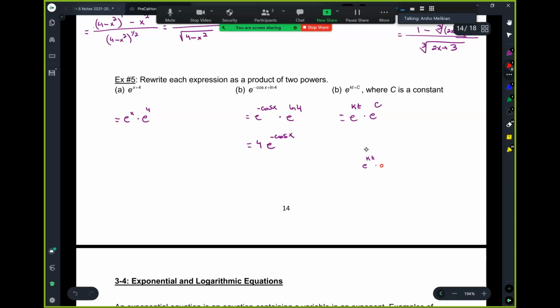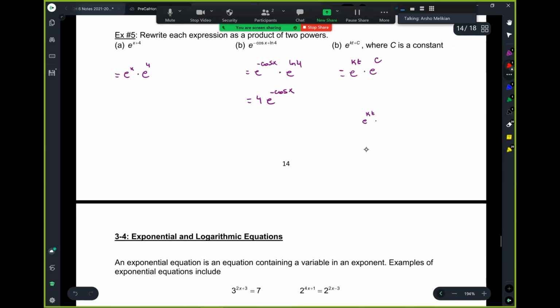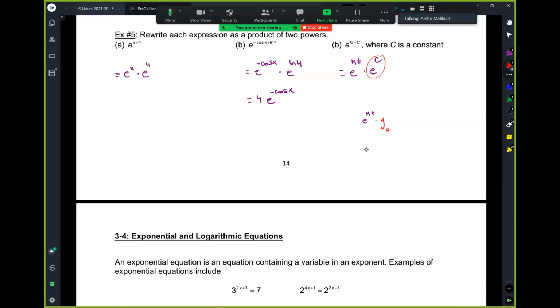So let's call it A. Oh, how about, since that's just a constant, let's call it y naught. That's a constant. Why not? Just call it y naught, right? If you rearrange it, what does that look like? y naught e to the kt.